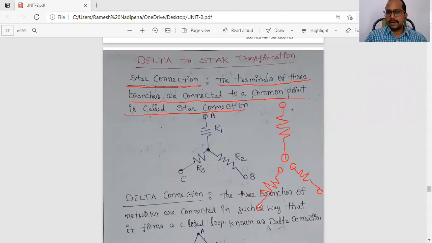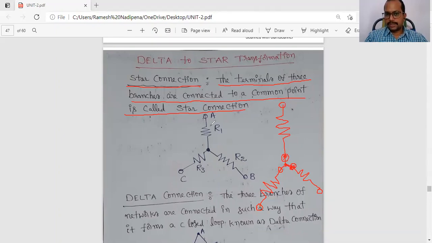Now consider another resistor, which also has two terminals. According to the definition, this is one terminal of the first branch, this is one terminal of the second branch, this is one terminal of the third branch. Now these three terminals are connected to a common point, like this. They are connected to a common point, which is called a star connected network.